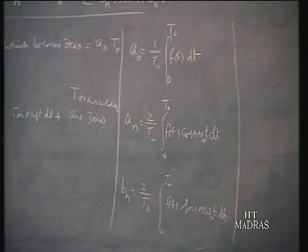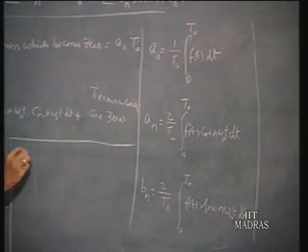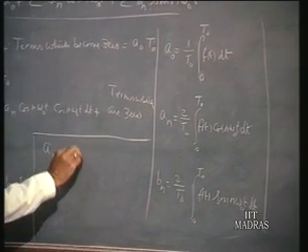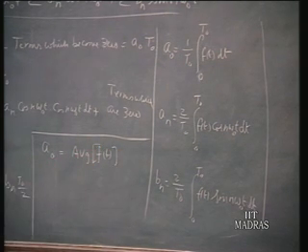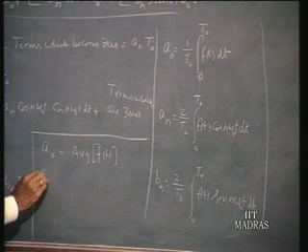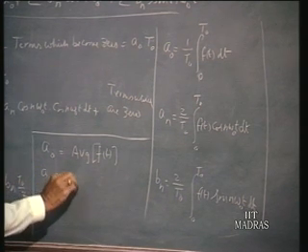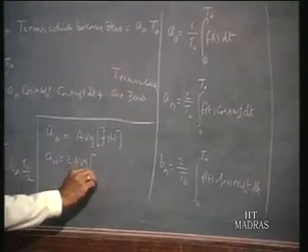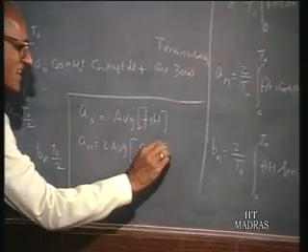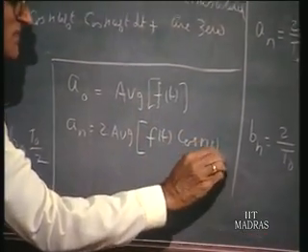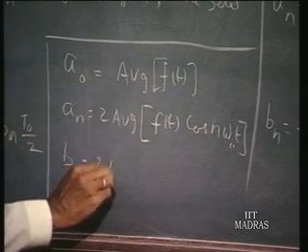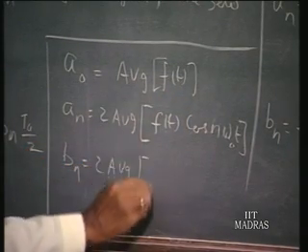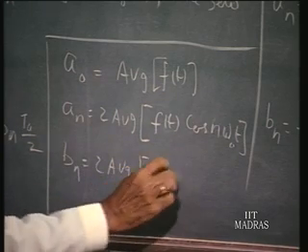It is easy to remember these as saying a naught equals the average value of f of t, or whenever we talk about average, it is average over one complete period, and a n is 2 times the average value of the product f of t cos n omega naught t, and likewise bn is 2 times the average value of f of t sin n omega naught t.